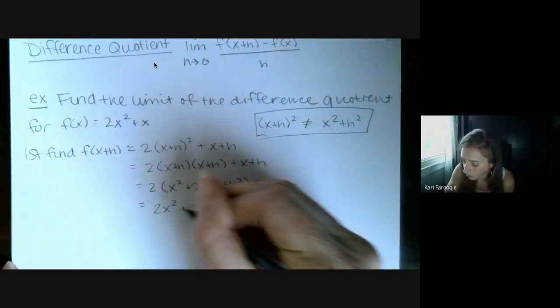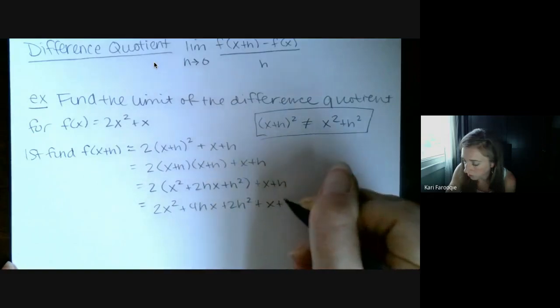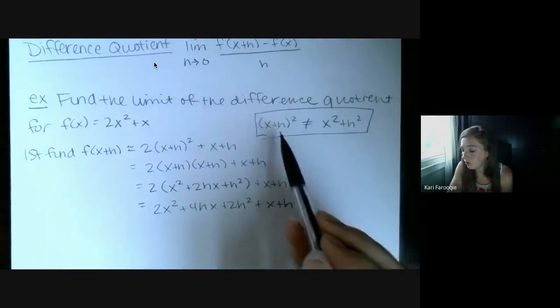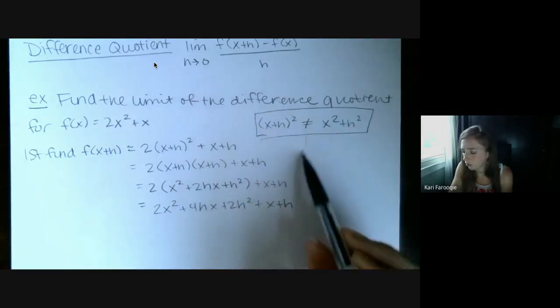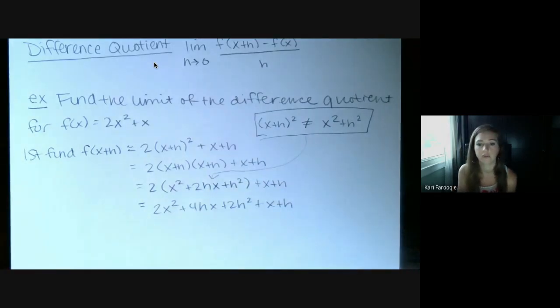So you'll have 2x squared plus 4hx plus 2h squared plus x plus h. And actually, we don't even have any like terms to combine. So we're actually done right now with f of x plus h. Oh, and by the way, notice that if you would have incorrectly FOILed this by distributing the exponents, you would have lost the 2hx. So just be careful.